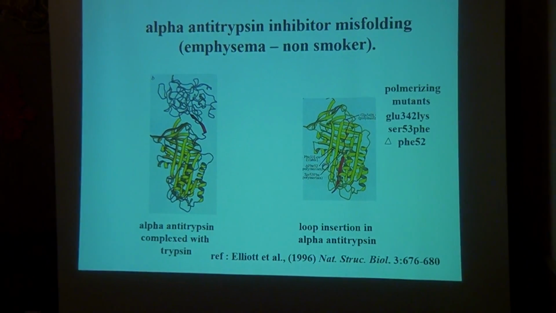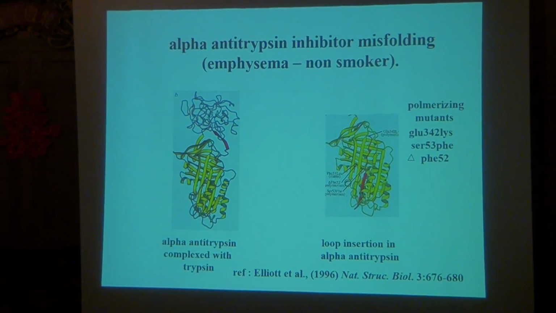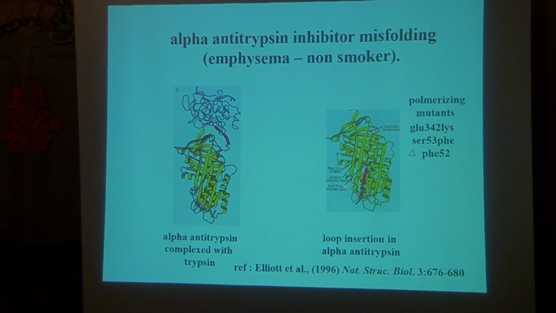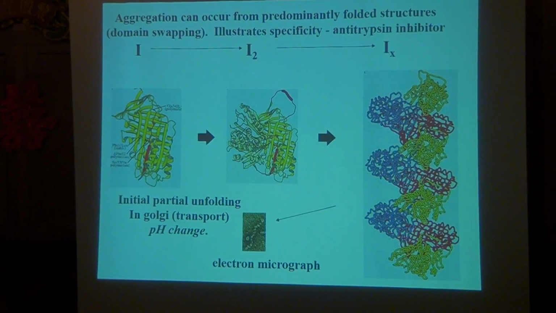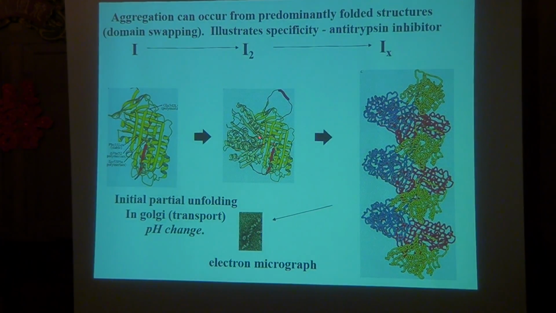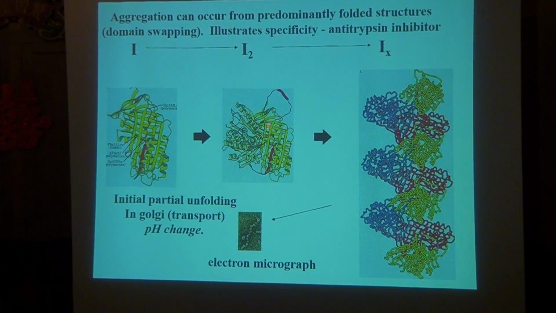But if you have a mutation in this, you can't inhibit your elastase and it goes wild. And then you start to digest your lungs. That's what happens with people that have this folding disease, emphysema. And lo and behold, as this is transported in the liver, it goes from one organelle to another, there's a pH change, and there's some destabilization of a loop here. This loop sticks out here.